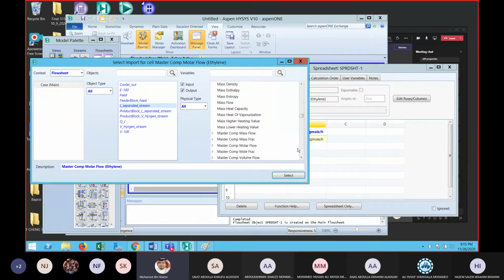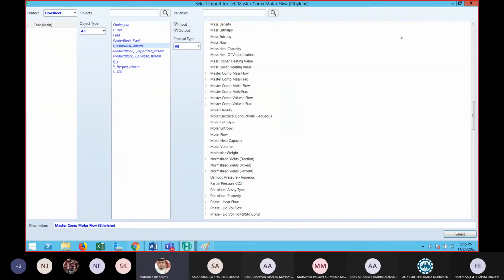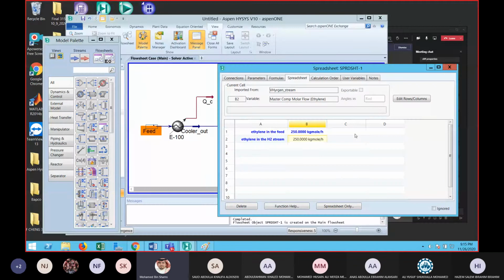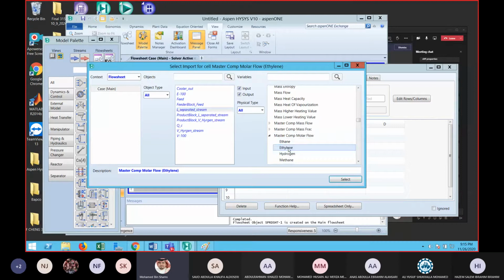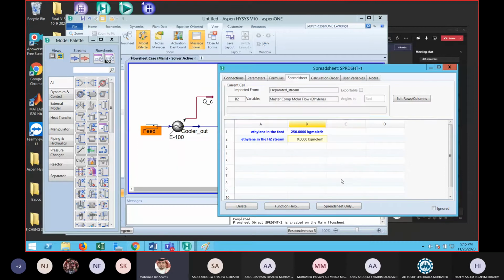Why is it like this? Let me close it and do it again. Edit imported variable. I want the liquid separated stream master composition flow of ethylene. Select. Yes, now it's correct. It has to be 0%.